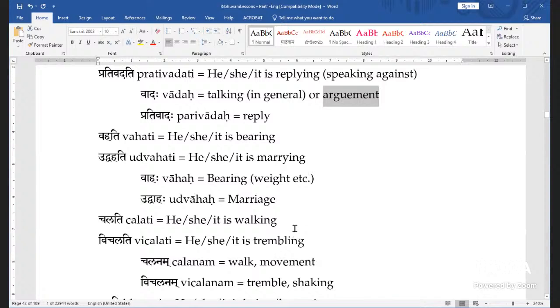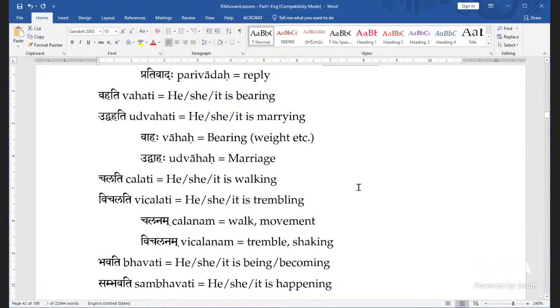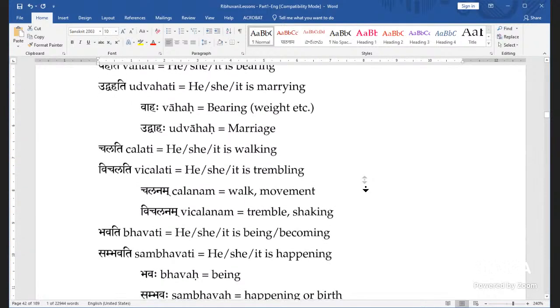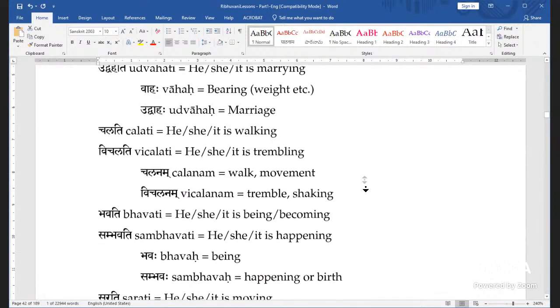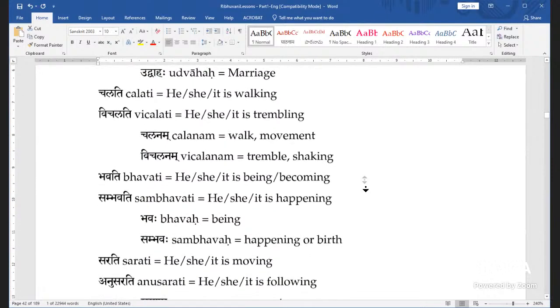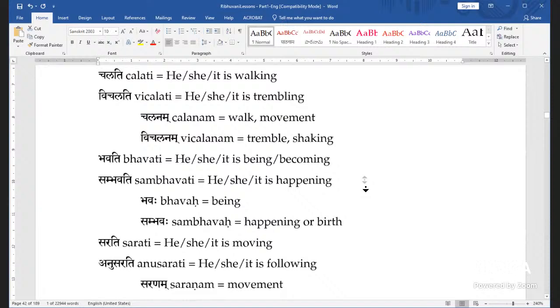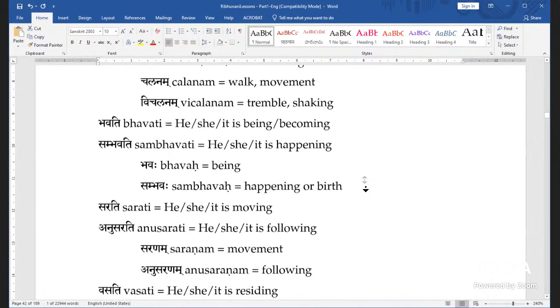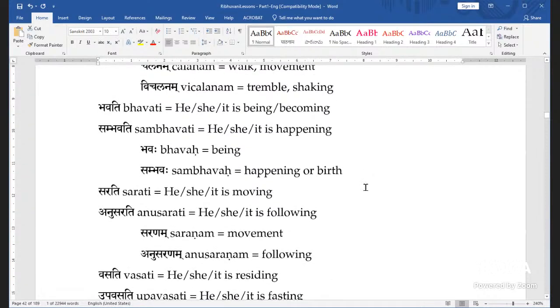Chalati: he, she, it is walking. Vichalati: he, she, it is trembling. Chalanam: walk, movement. Vichalanam: tremble, shaking. Bhavati: he, she, it is being or becoming. Sambhavati: he, she, it is happening. Bhavaha: being. Sambhavaha: happening or birth.